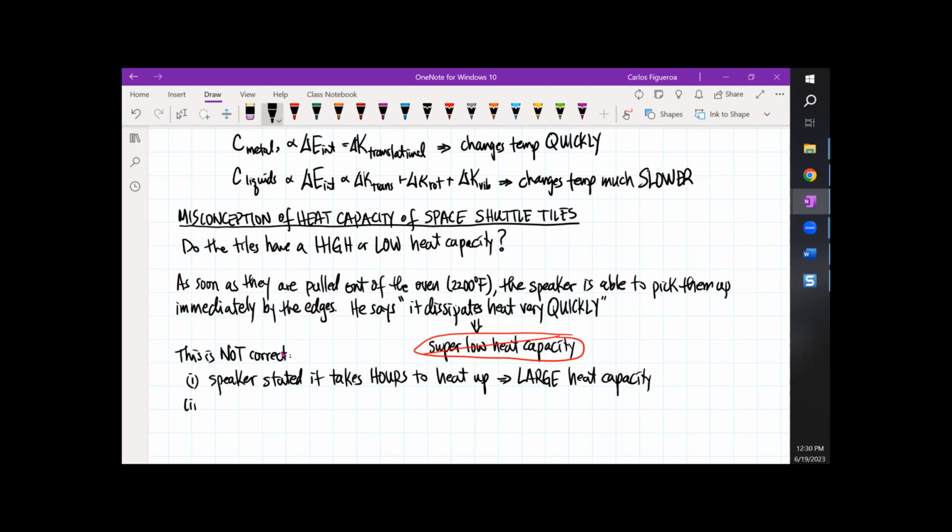And note, he also says, do not touch the faces because they are very hot. And in this case, they'd be essentially 2200 degrees Fahrenheit. So this immediately tells you that these tiles store a lot of internal energy.